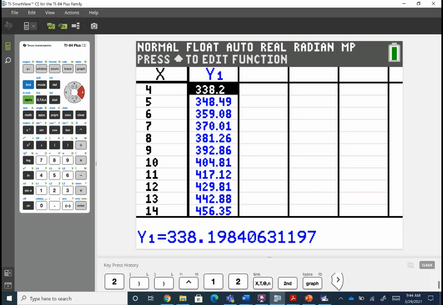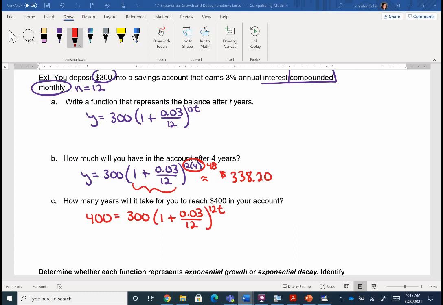After 5 years, we see the amount. After 6, 7, 8. How many years does it take me to have over 400 in my savings? It takes me 10 years to get over that amount.